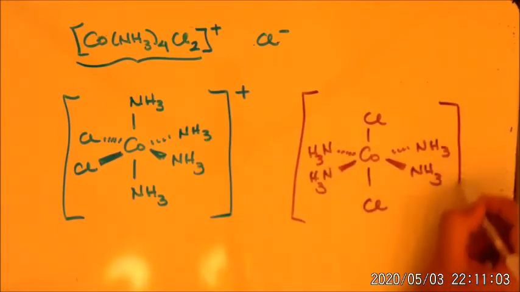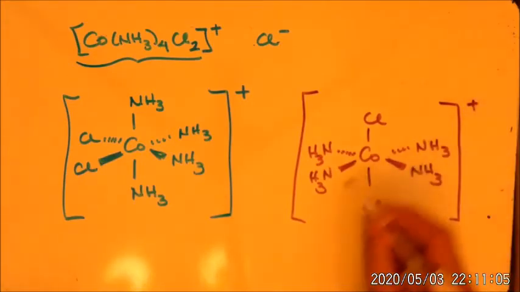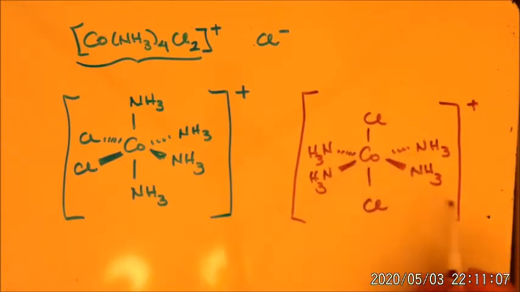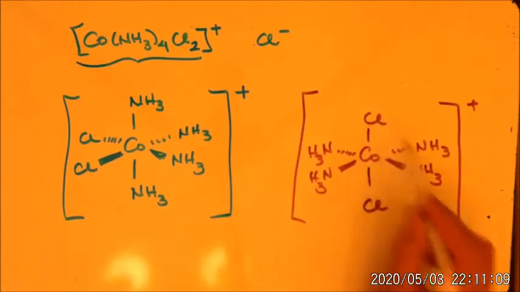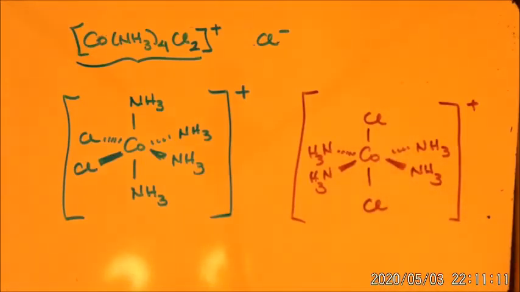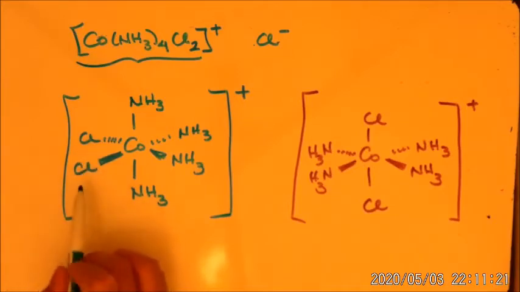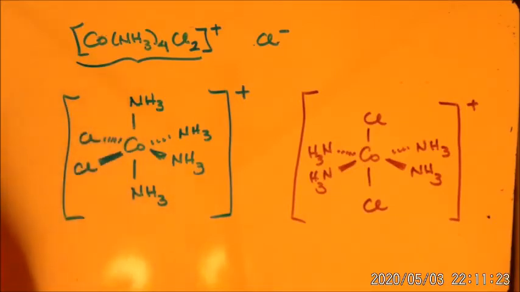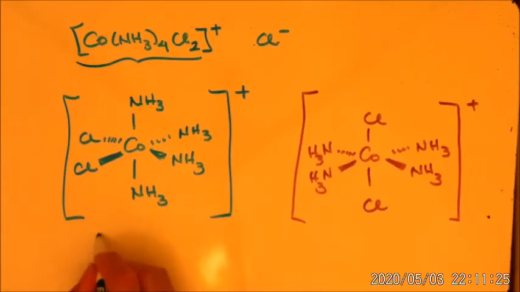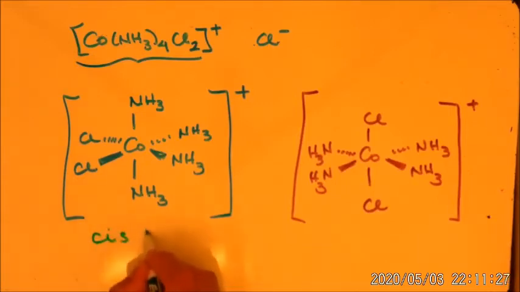This cobalt is bonded to the nitrogens of four ammonia molecules and to two chloride ions, and that's the same for both cases. The difference is this. These two chlorides are on the same side of my cobalt, so this is a cis isomer.